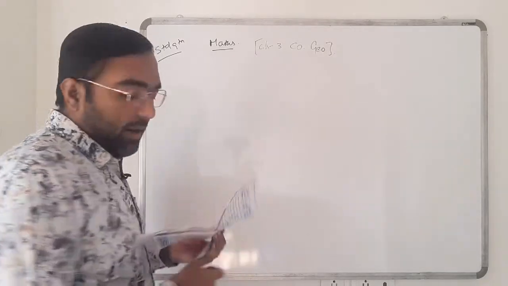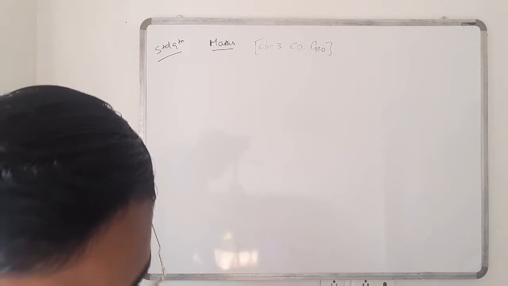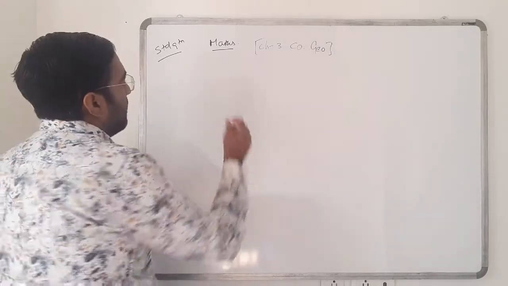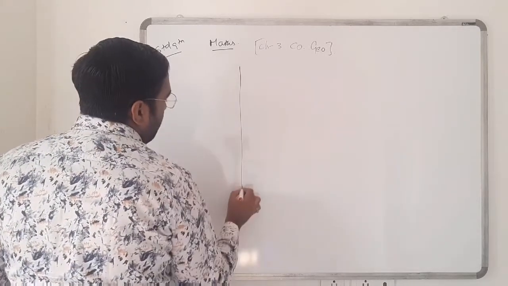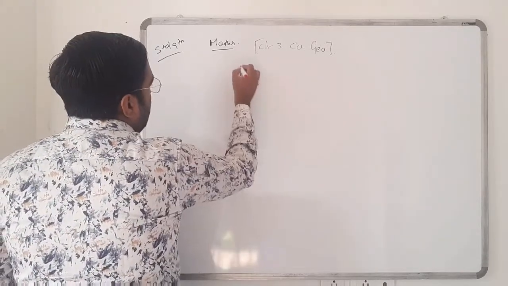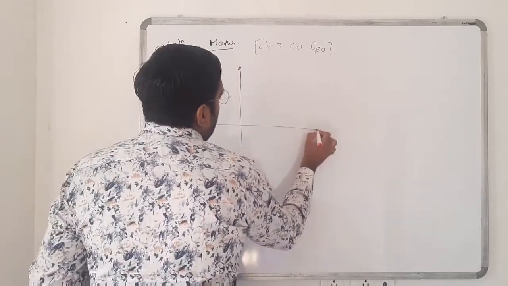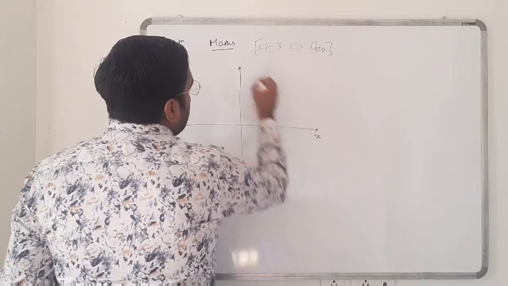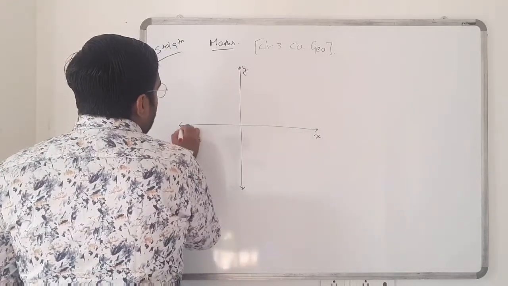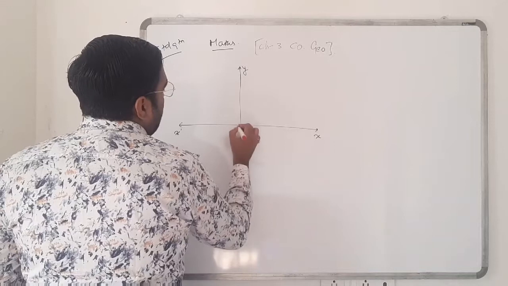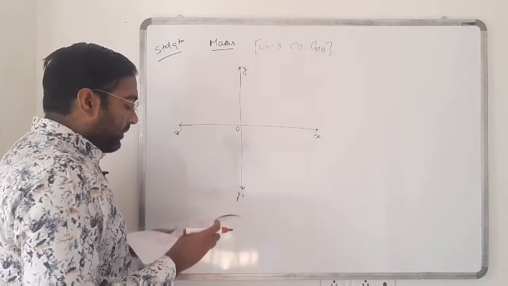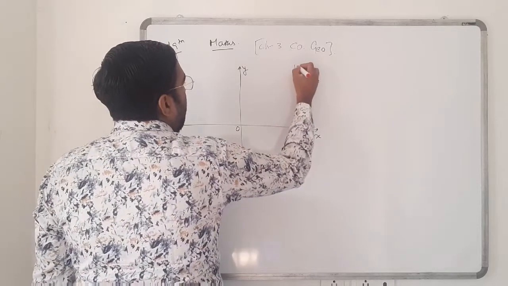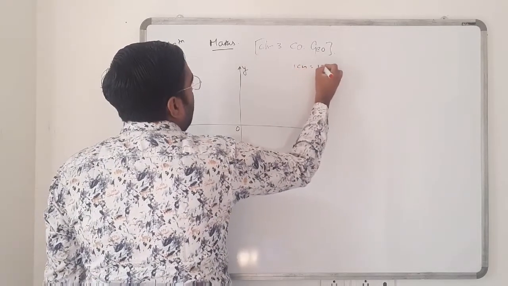Here we are drawing both of the axes: x-axis, y-axis, x prime, y prime, and this is my origin. I'll write 1 centimeter equal to 1 unit.